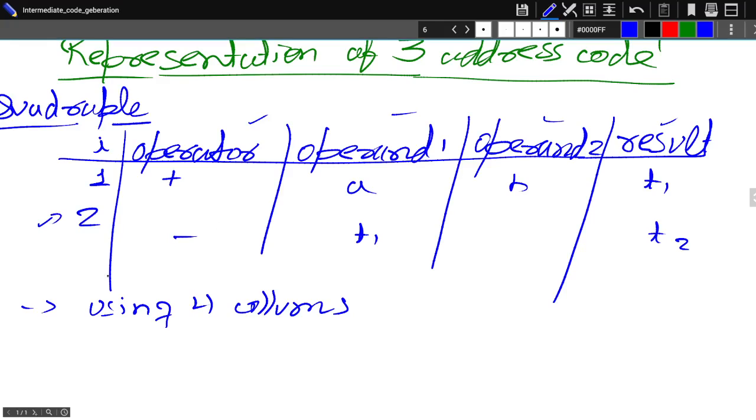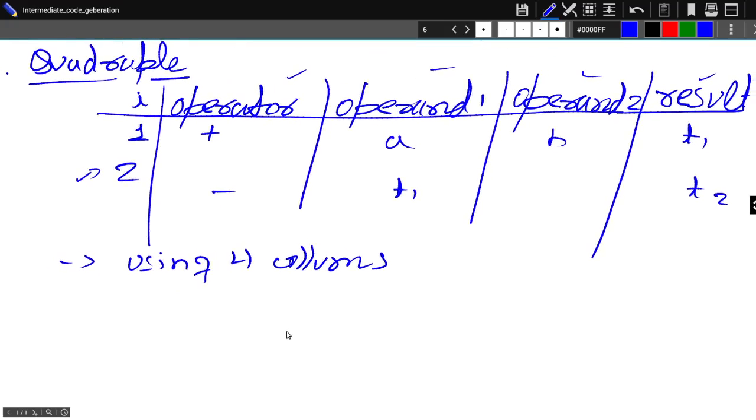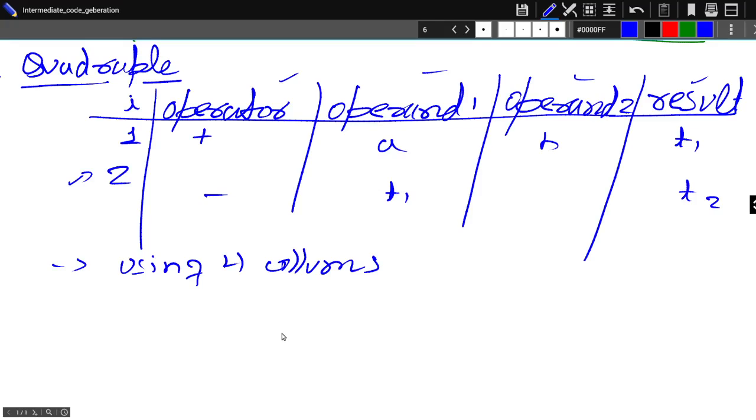You can keep it in fourth number or fifth number, no problem. Order is important, but if you do not have any order issue, you can position it anywhere. But you can understand it is 4 columns of extra space. Can we work with just 3 columns? Let me tell you another way of representing 3 address code.